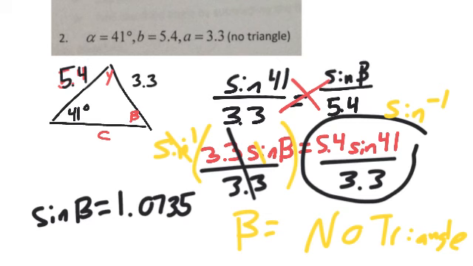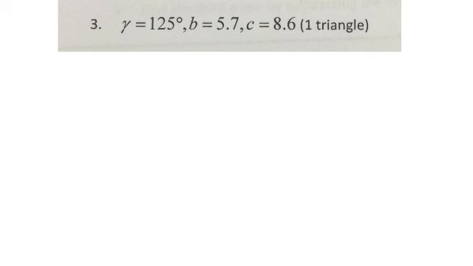What was the maximum and minimum values for the range of sine? -1 to 1. Sine has to bounce between -1 and 1. Well, because here I need sine to be something bigger than 1, it's not possible. It's not even available in the graph. So that's why we get an error when we try to take the inverse sine of this, because it does not fit into the sine wave. Therefore, there's no triangle.